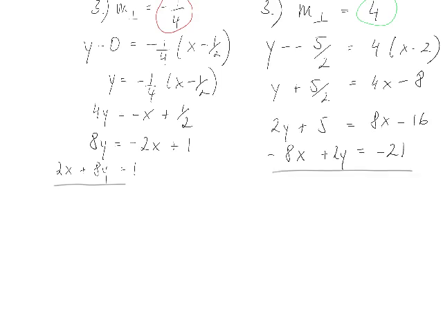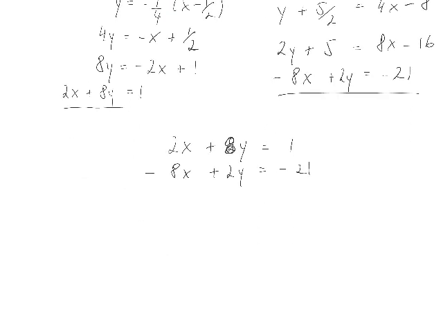Let's write them on top of each other. So we have 2x plus 8y equals 1. And then we have minus 8x plus 2y equals minus 21.